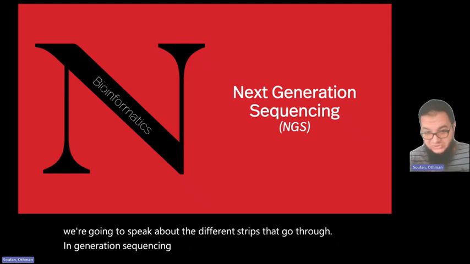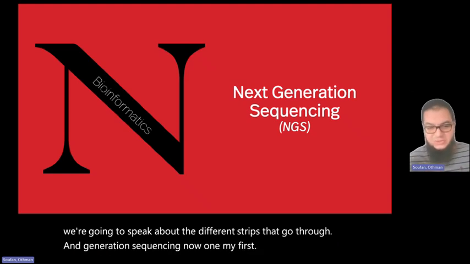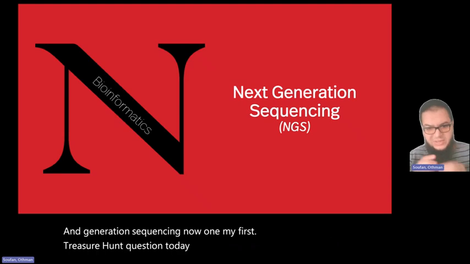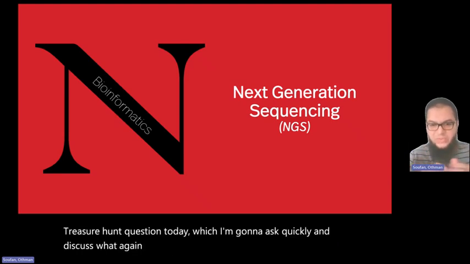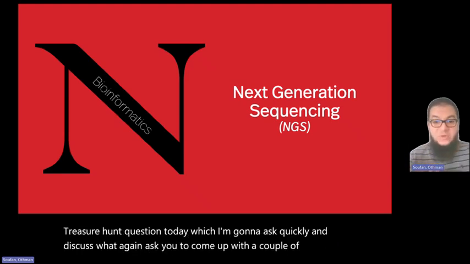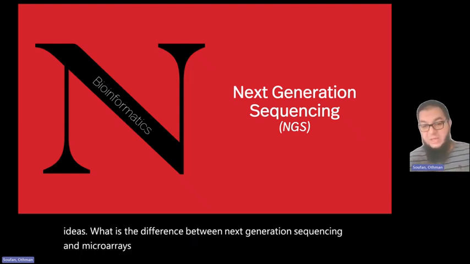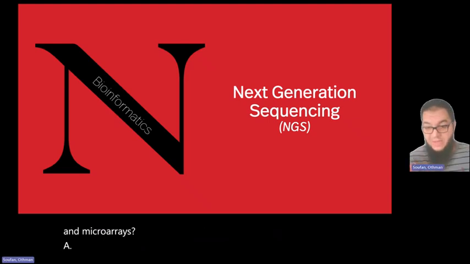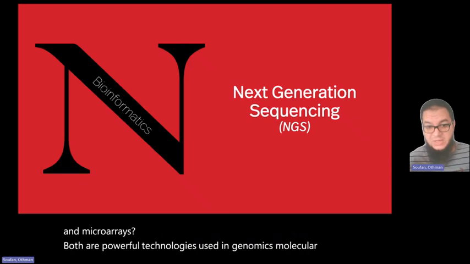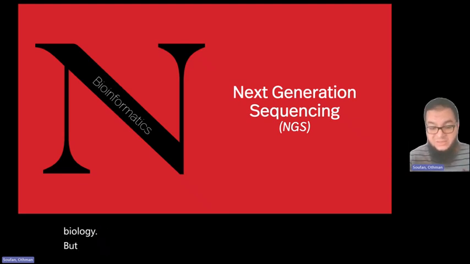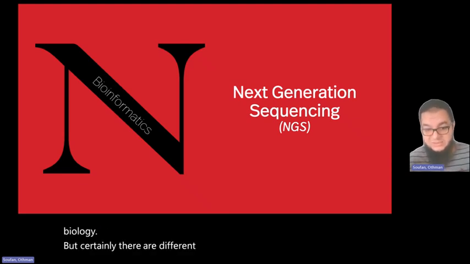Now, my first treasure hunt question today, which I'm going to ask quickly and discuss, but again, I ask you to come up with a couple more ideas: what is the difference between next generation sequencing and microarrays? Both are powerful technologies used in genomics and molecular biology, but certainly there are some differences.